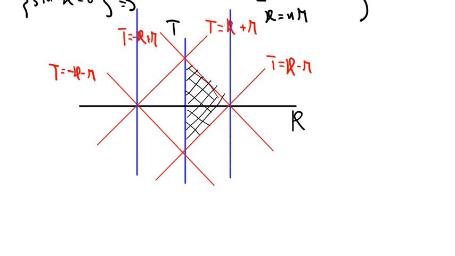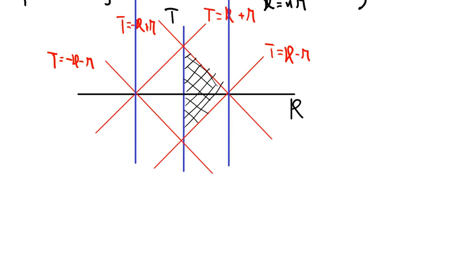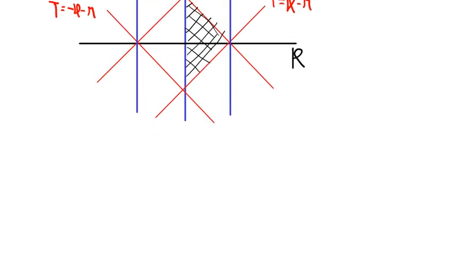And it gives us the Penrose diagram of Minkowski space-time. Okay, so we can just take this set and draw it separately.